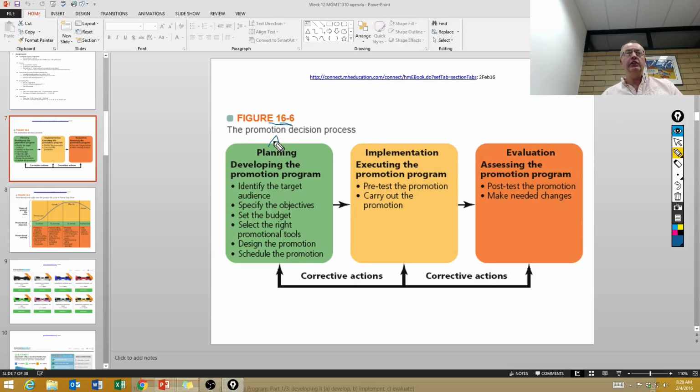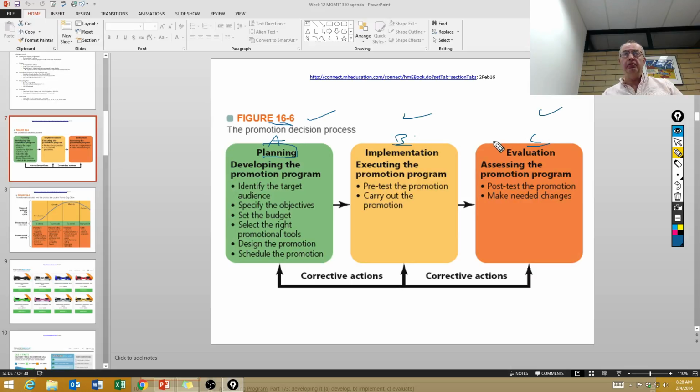So the first stage in our ad program is planning. The second stage is implementation of our plan, and then the third stage is evaluating how effective our implemented plan was. It's simply ABC. Okay, so that's what most of the rest of chapter 17 is about. It's simply going through these three steps.